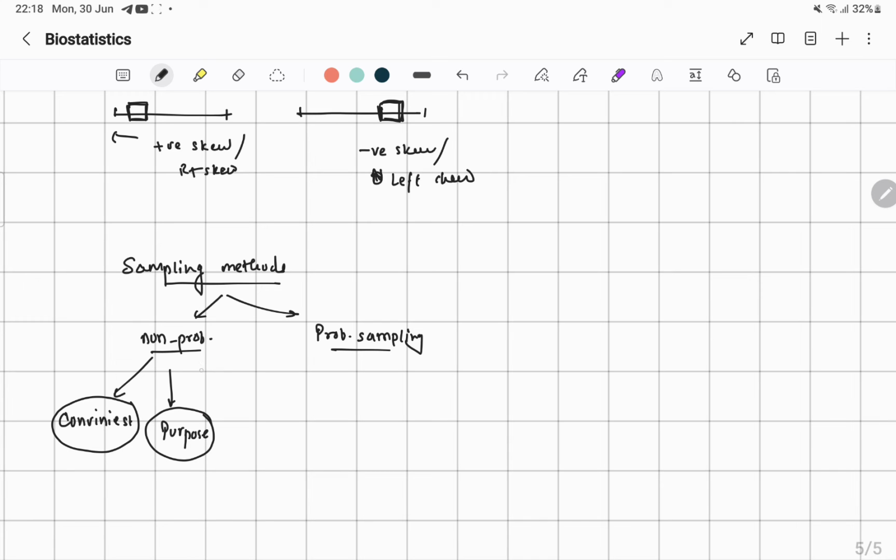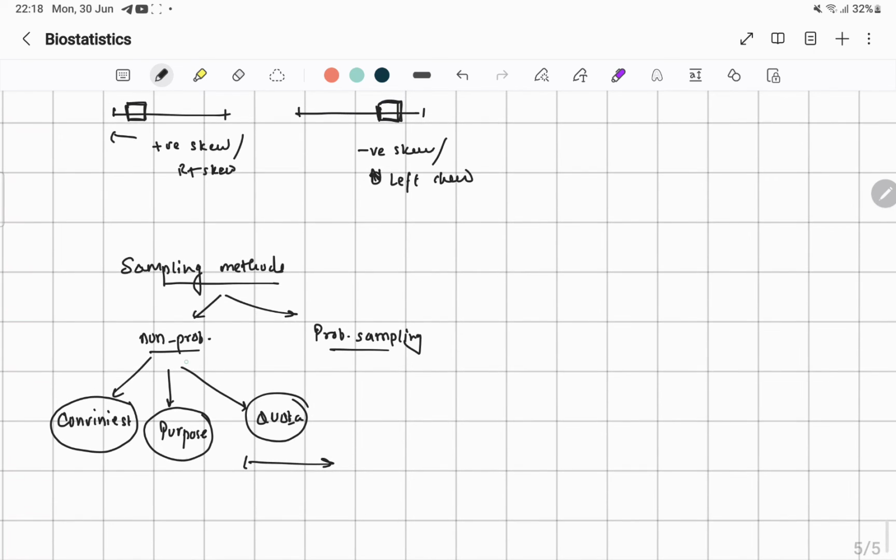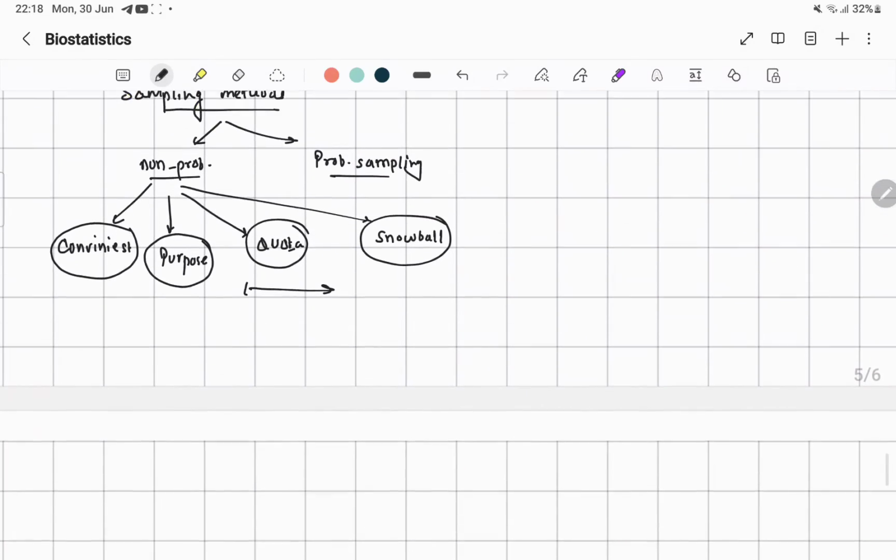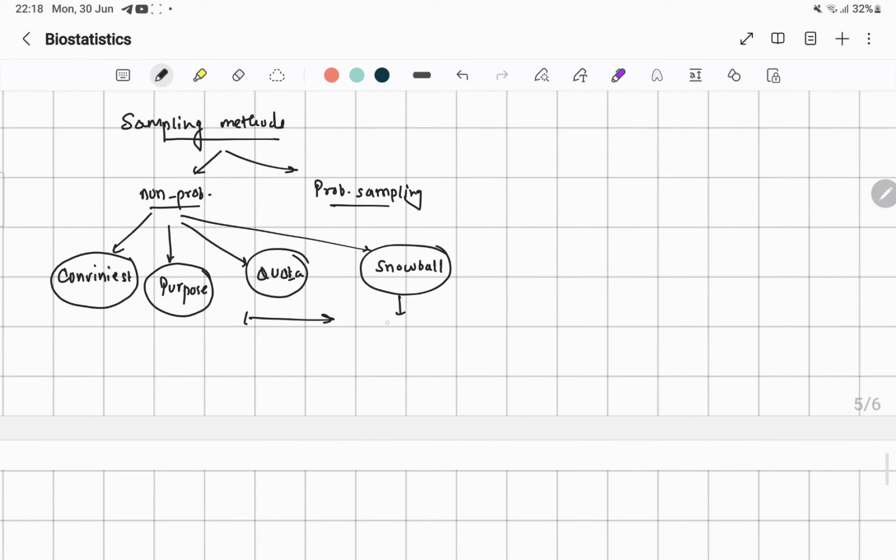Quota sampling, you predefine the rules and then do sampling. Snowball sampling is for diseases which have hidden cases, like drug abuse due to embarrassment, HIV also, let's say acid attack. For all of these hidden cases, you do snowball sampling.